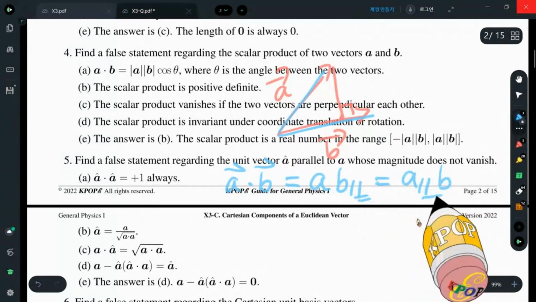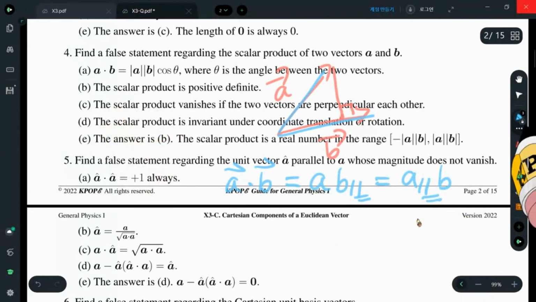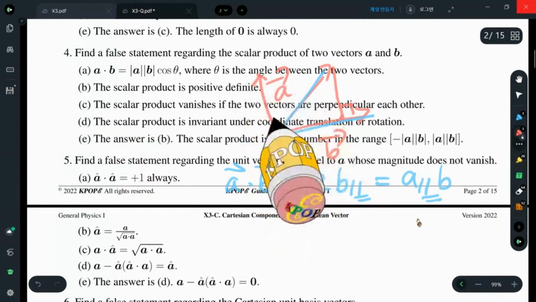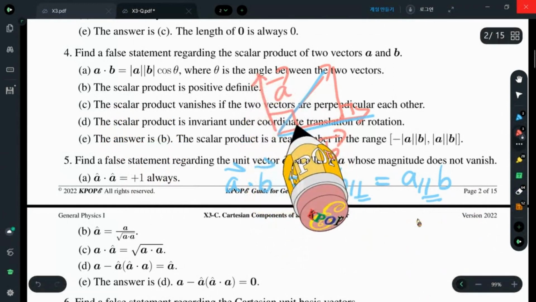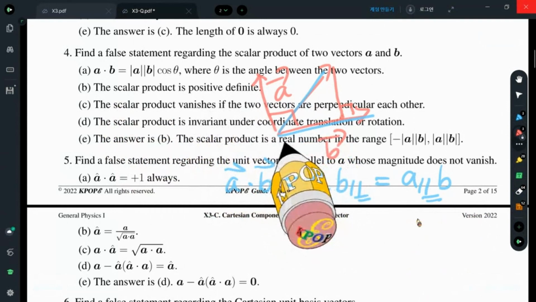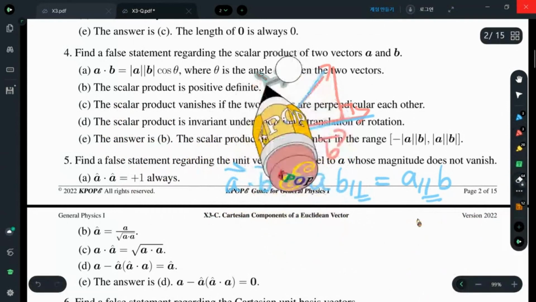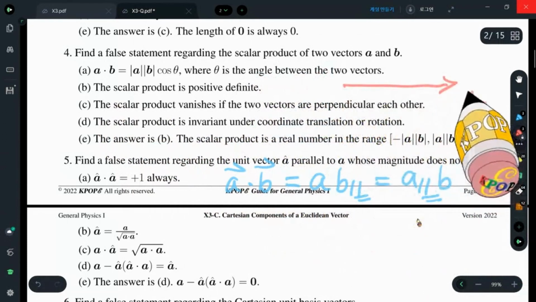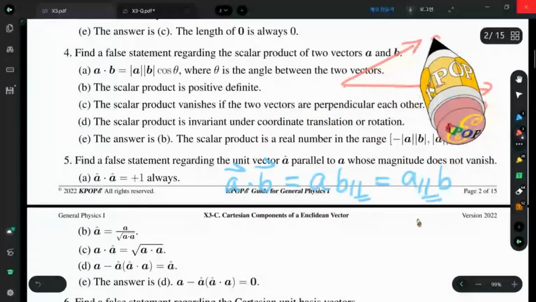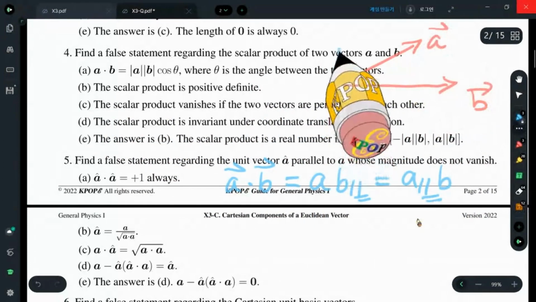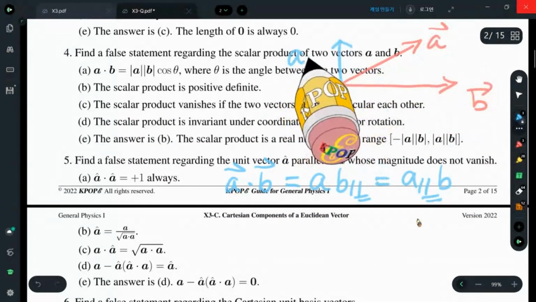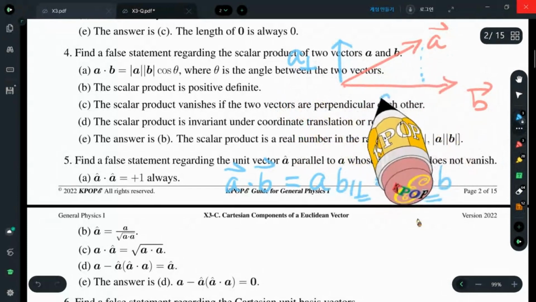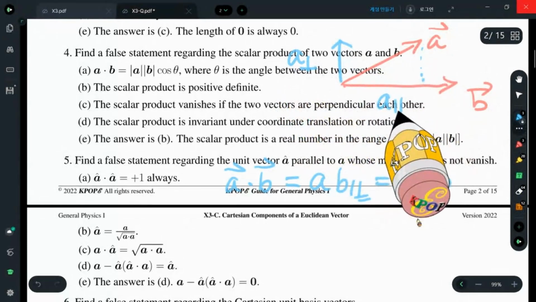What does it mean by this parallel? A can always be decomposed into 2 pieces: one perpendicular to B, and one parallel to B. Understood?